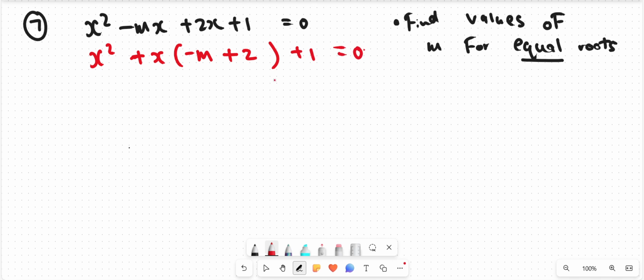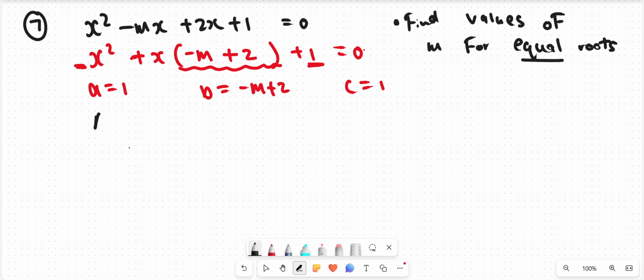And why am I doing this? Just so I can clearly see what my b is, what my c is, and what my a is. So a is 1, b is negative m plus 2, c is a positive 1. And now that I have these, I can find my discriminant.